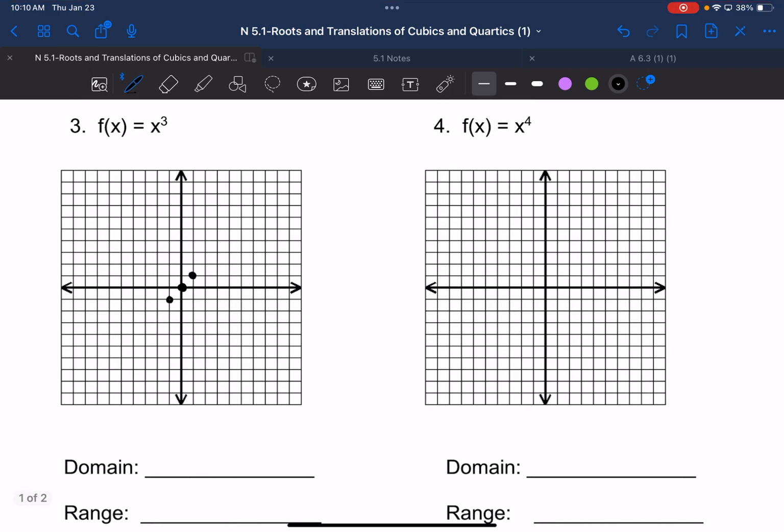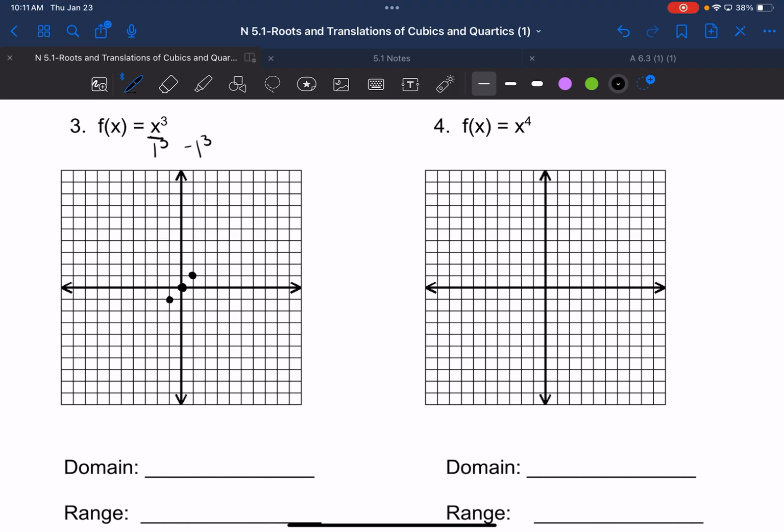Let me remind you that these are just points where you had some x value, and when you plug it into x cubed, the y is what you get out of it. For example, when I plug in 1 cubed it gives me 1, so that's the point 1, up 1. If I plug in -1 cubed, that is -1, so it's the point -1, -1.